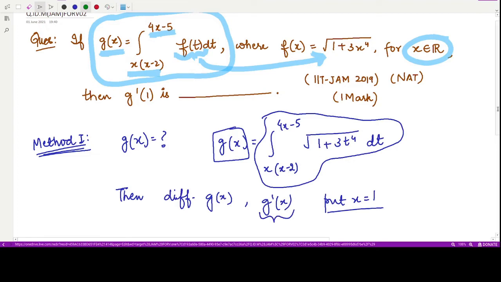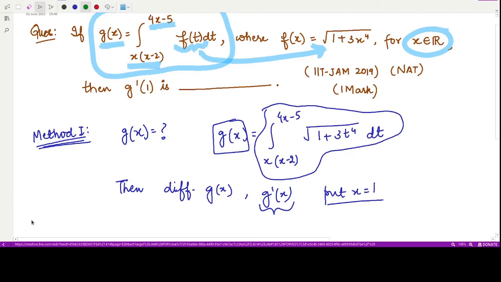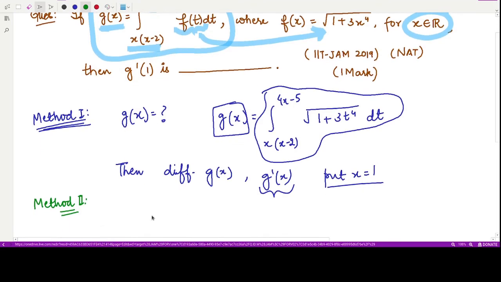However, there is another result, so let me write down method number 2. Let me write down our integral. g of x is equal to the integration from lower limit x minus 2 to upper limit 4x minus 5 of the square root of 1 plus 3t to the power 4 dt, where t is the dummy variable.